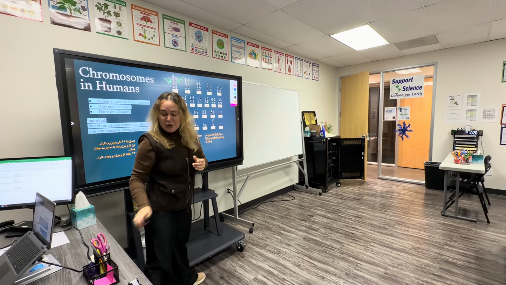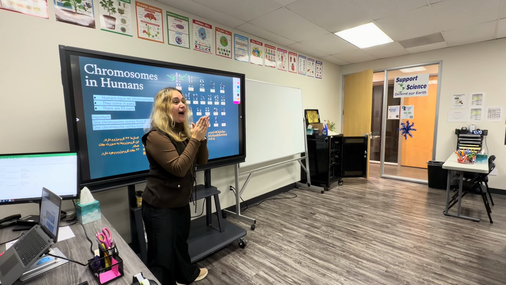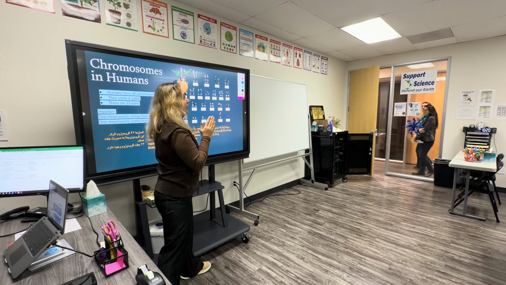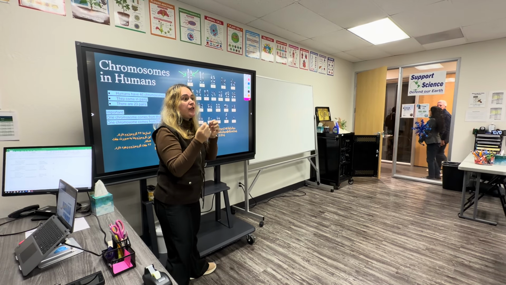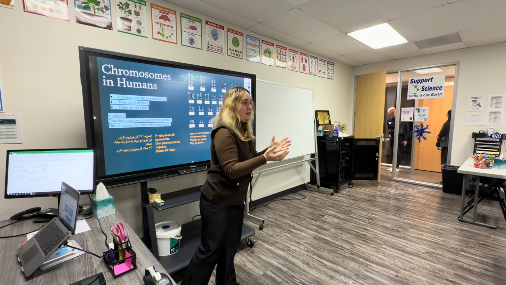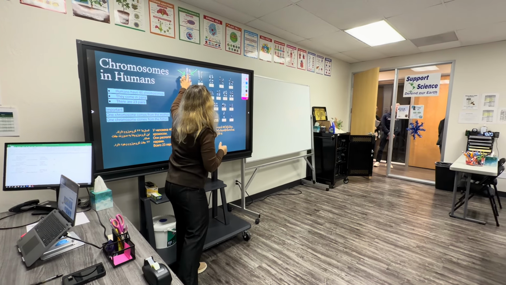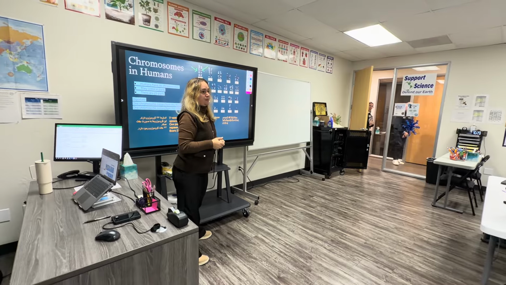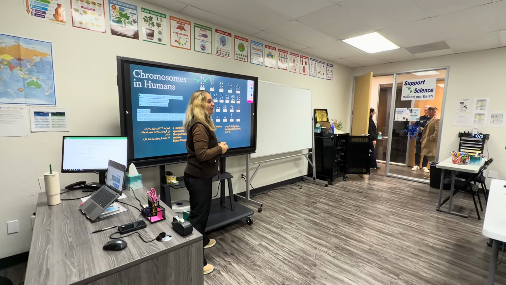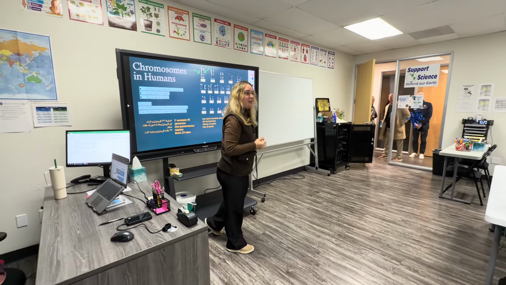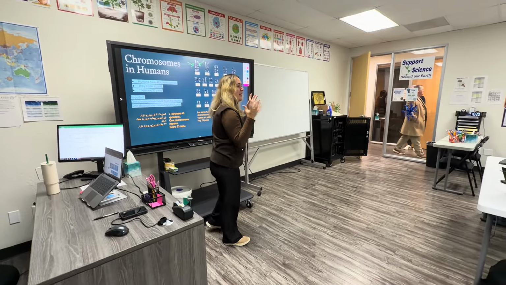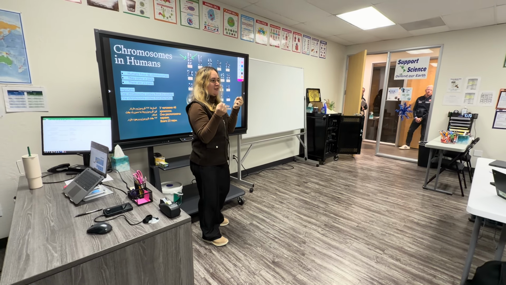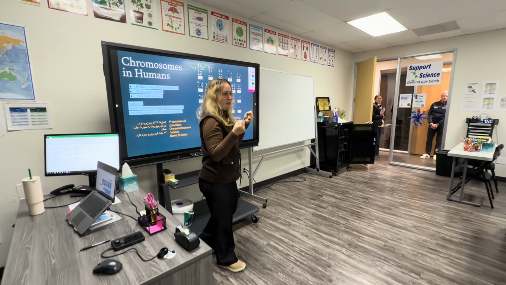What do you think? How do they combine? How does this chromosome find this one? Why, for example, is this chromosome not together with this one? What do they have in common? What are they responsible for?